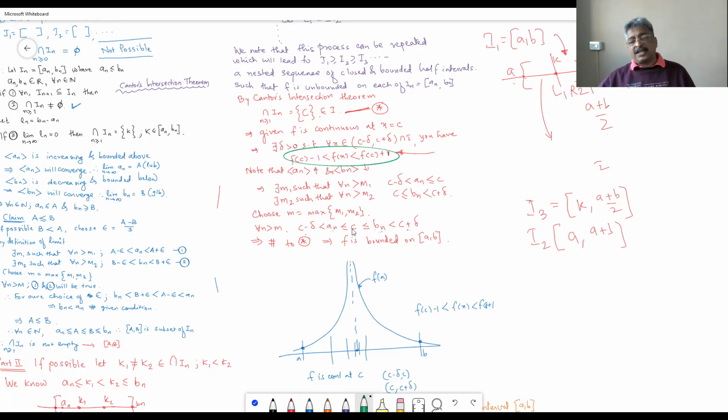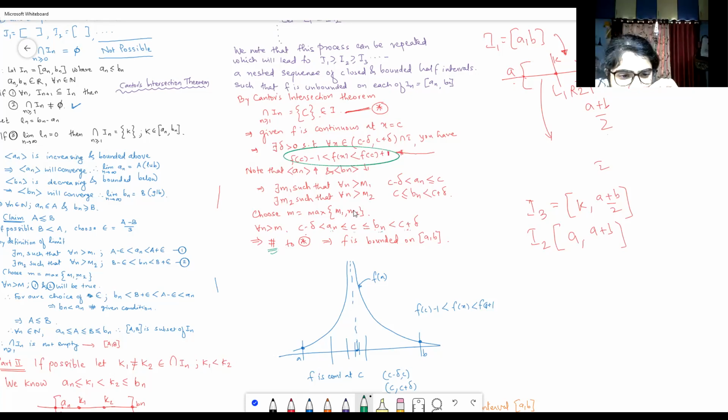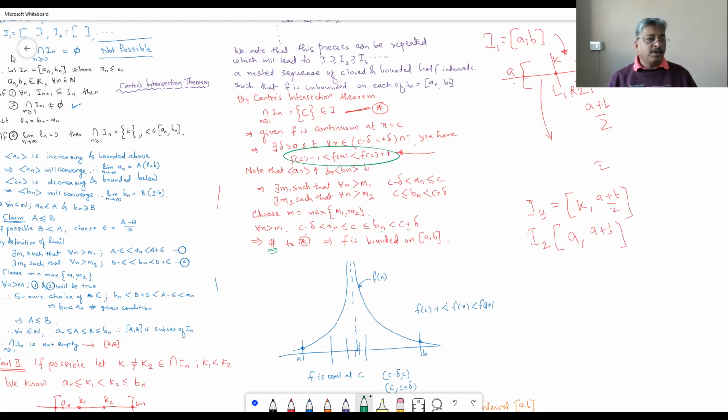Okay, so after that point we have considered the delta neighborhood and said that if it is continuous, then it is well behaved like this. And simultaneously we are saying that between c minus delta to c plus delta, it is unbounded. That is where the contradiction is. Okay, sir. Okay. So now let me open the new screen.